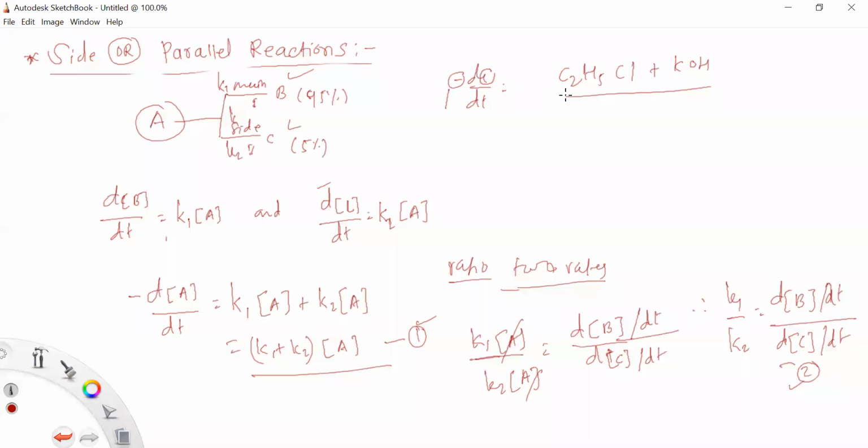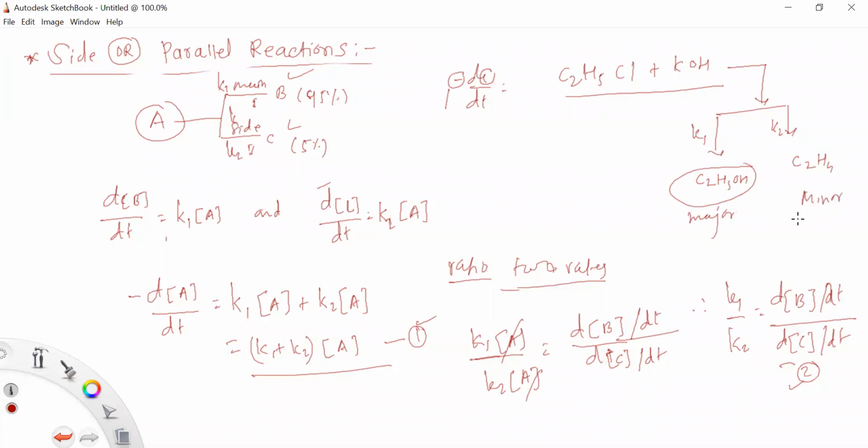So these are the reactant molecules and they react with each other to form two different products in two different ways, K1 and K2. It is the rate constant for these two reactions and it will form C2H5OH and C2H4. So this one is the major product, and this one is the minor product.